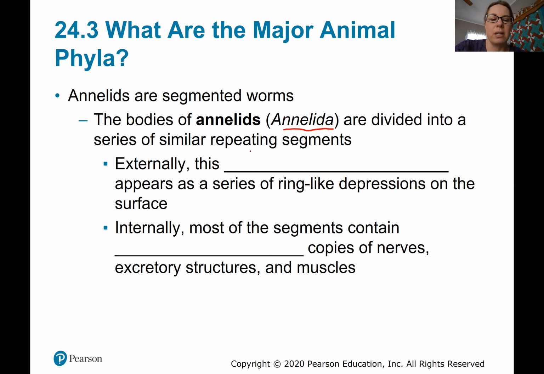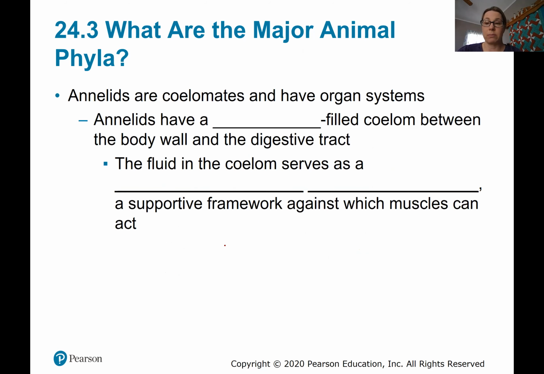And so this segmentation is what we're seeing when we look at those rings on the outside. On the inside, however, each of the segments contain identical copies of nerves, muscles, and all of those internal structures. So each segment has the exact same structures in it.